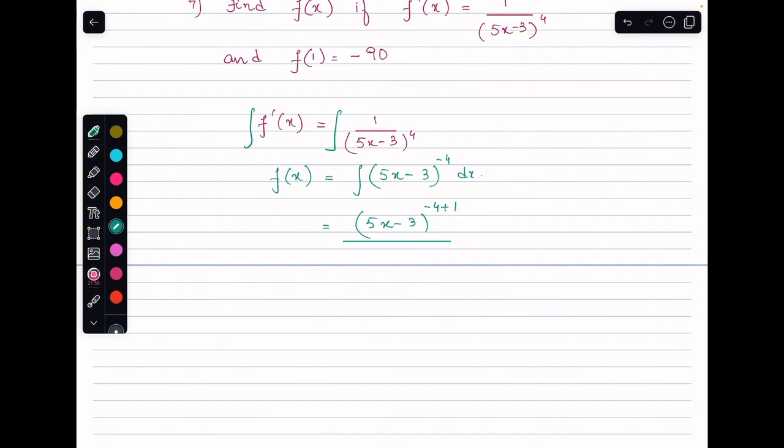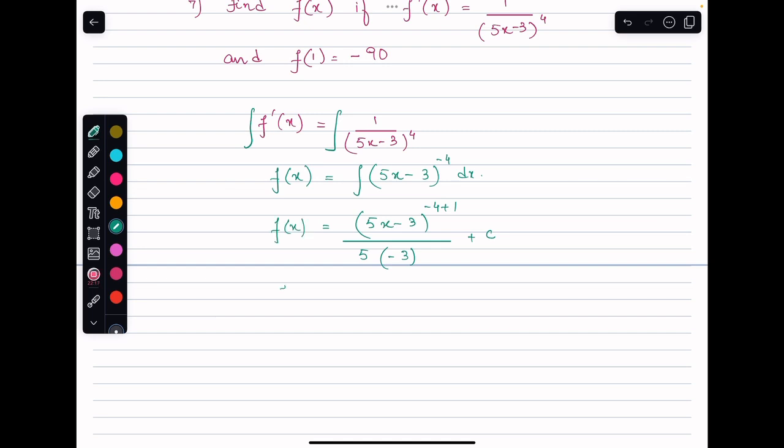The differential of 5x minus 3 gives me a 5, and then I should be multiplying it by n plus 1, which in this case is negative 4 plus 1, giving me a negative 3, and then adding a constant here. So this is going to be my f of x in this case.